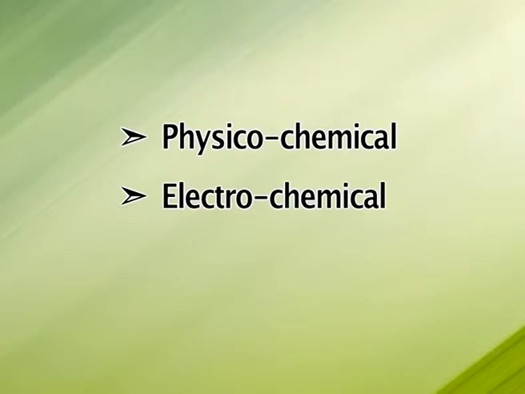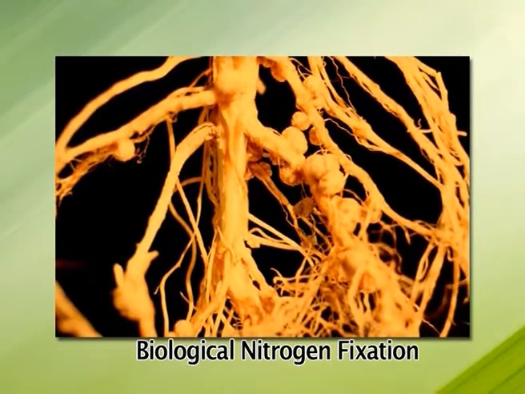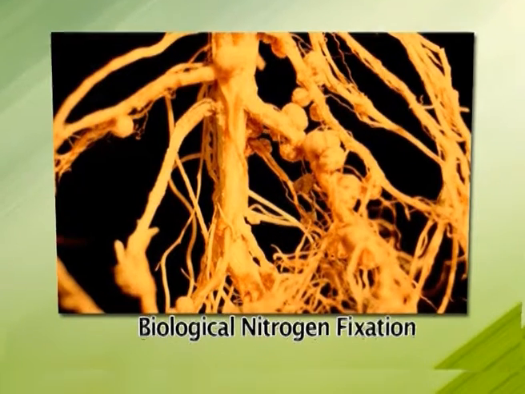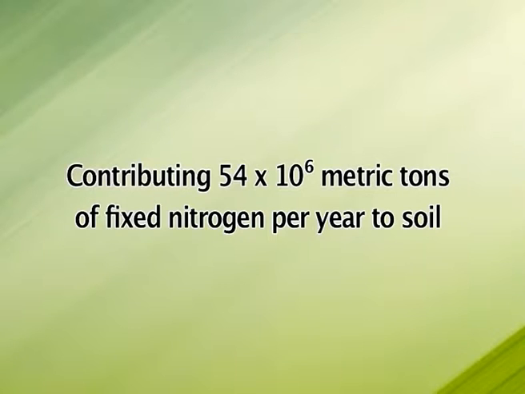Nitrogen is fixed by physicochemical, electrochemical and biological methods. Biological nitrogen fixation by far is the most significant method of nitrogen fixation, contributing 54 × 10⁻⁶ metric tons of fixed nitrogen per year to soil nitrogen pool.